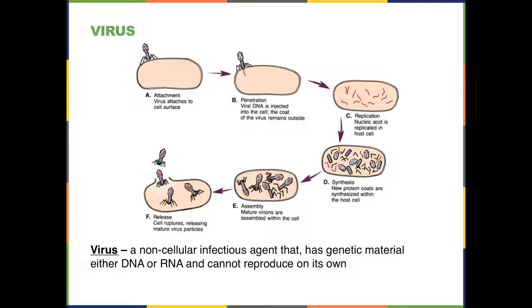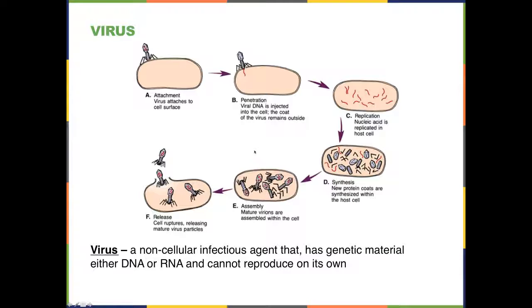Now, to start out, a virus is a non-cellular infectious agent, and it has 2 distinguishing characteristics. First of all, it has either DNA or RNA in this protein coat here. Second, it cannot reproduce on its own. It cannot reproduce without having a host in which to inject its DNA.